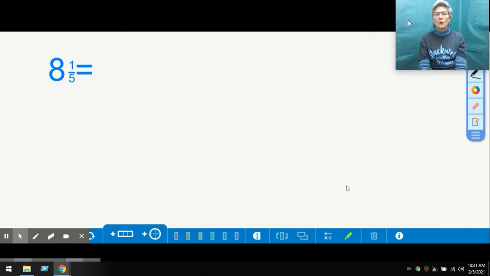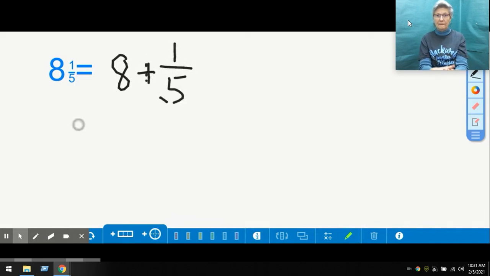We're going to use this method of multiplication to write 8 1/5 as a fraction. So our mixed number of 8 1/5, and we're going to turn it into a fraction. So when I see 8 1/5, I'm thinking of it as 8 plus 1/5.